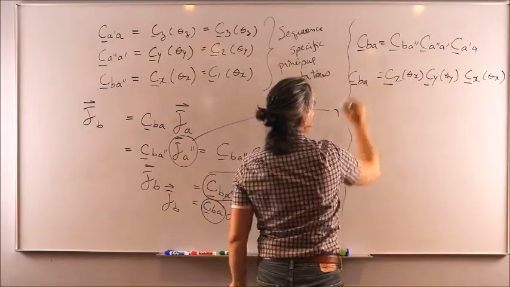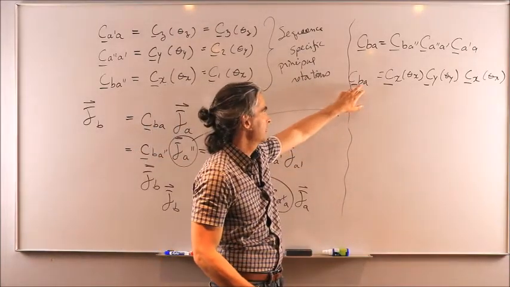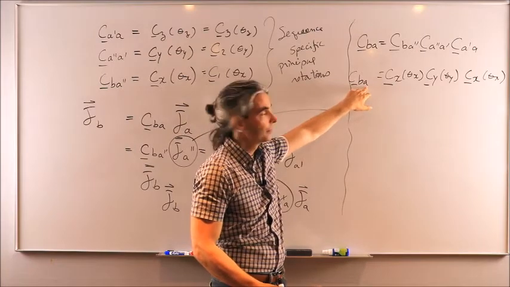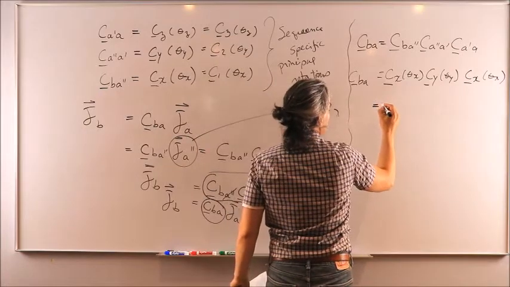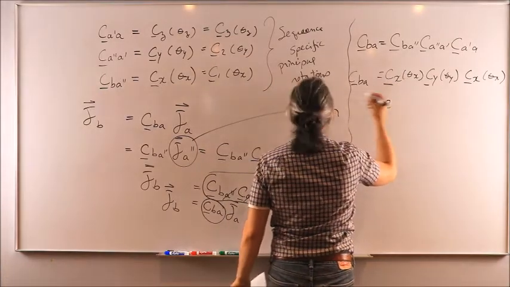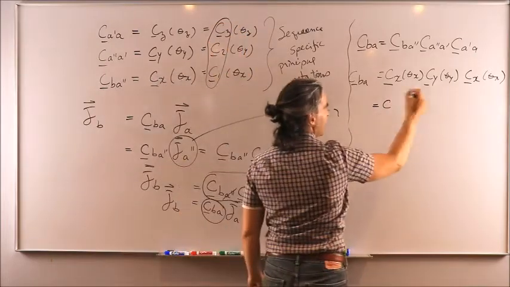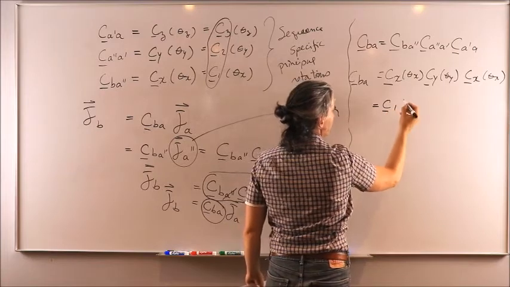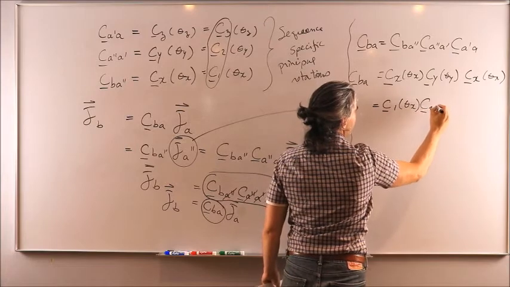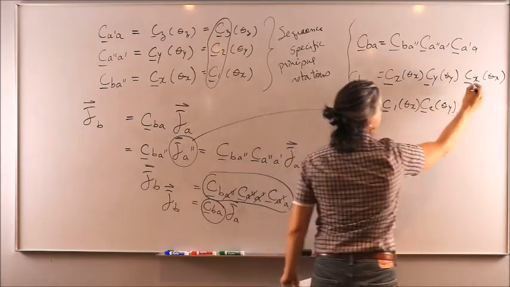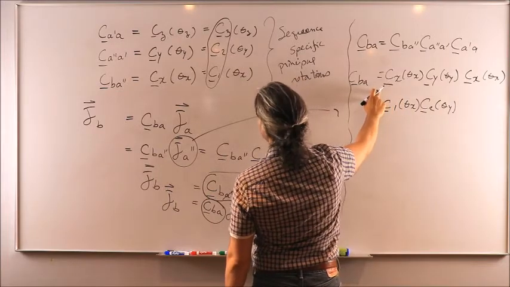And that will give you the answer for the rotation matrix that relates the orientation of reference frame B with respect to reference frame A. One thing to realize though is that this can easily be rewritten in terms of the other nomenclature system using the 1, 2, 3 as opposed to the X, Y, Z. So this could be written as C1, C2, and C B A double prime.